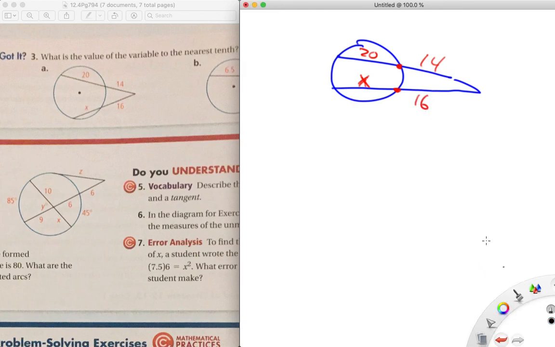And so we have this is case number 2. So this is going to be 20 plus 14 times 14 is equal to x plus 16 times 16.